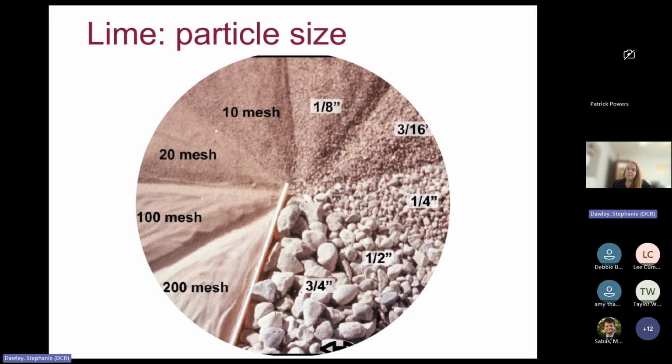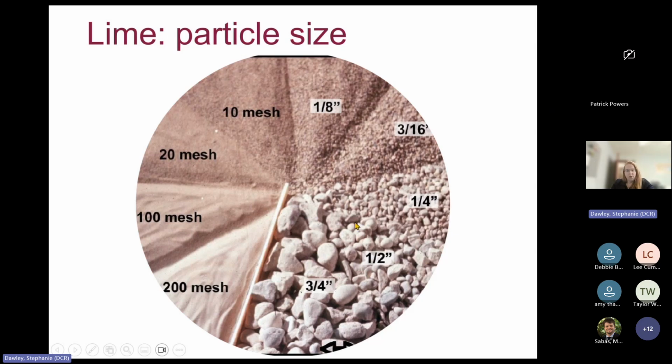But there's going to be a flip side to that, that unless you incorporate this 200 mesh into the soil, if you put it down and it's a slightly breezy day, it might end up liming your neighbor's yard versus your yard or farm field if the wind just picks it up and blows it unless you incorporate it.